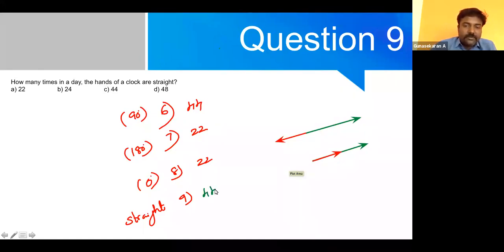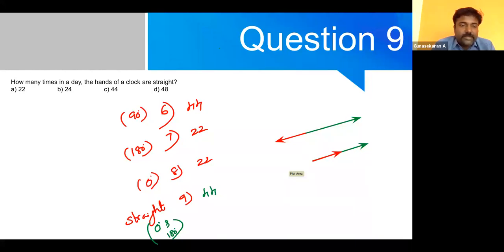Both are straight. So 44. Understand the difference? Both are straight. Yes. Question number 10. Any doubts?